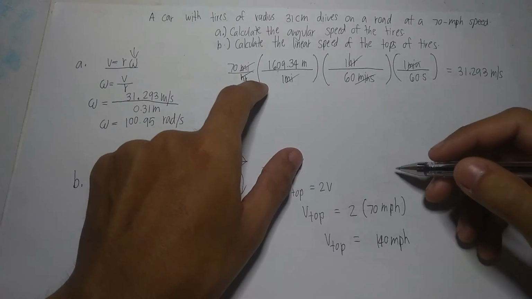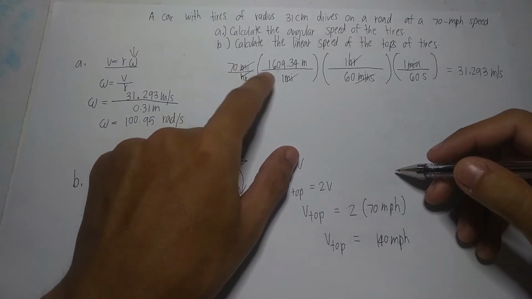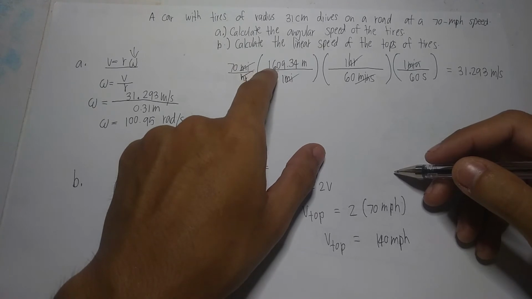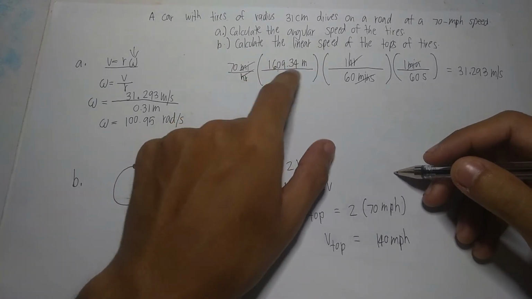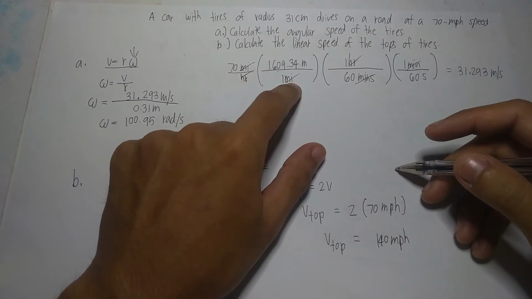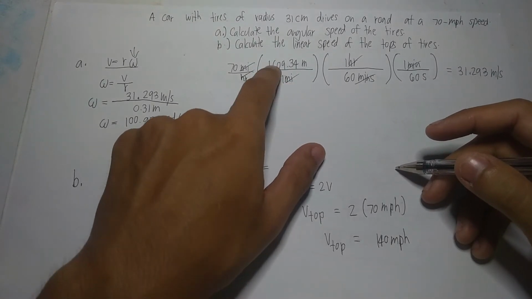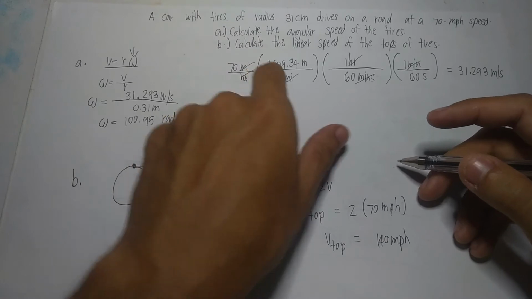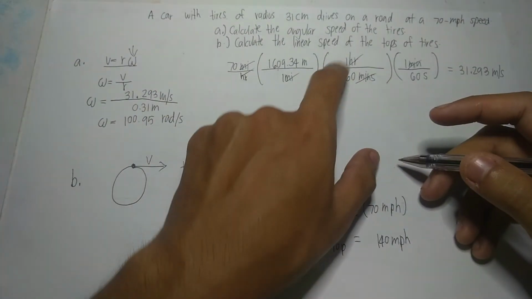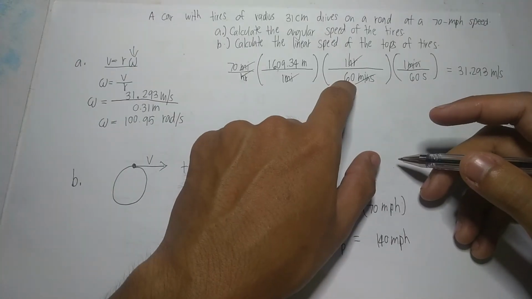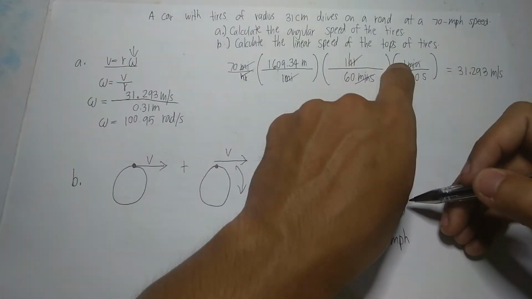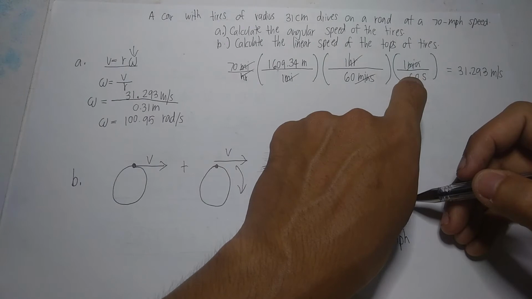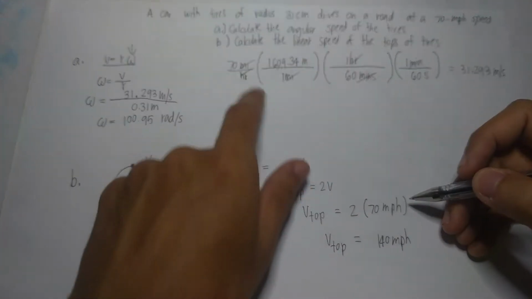So we will multiply the 70 meters per hour to 1609.34 meters all over 1 mile, since 1 mile equates to this. And after that, we will convert 1 hour to 60 minutes. And after that, we will convert 1 minute to 60 seconds. And we will multiply all of this.